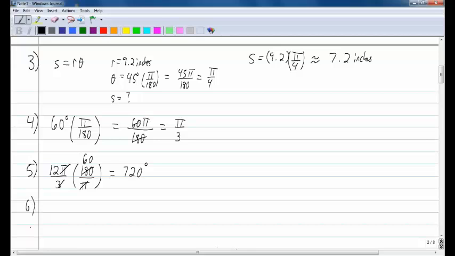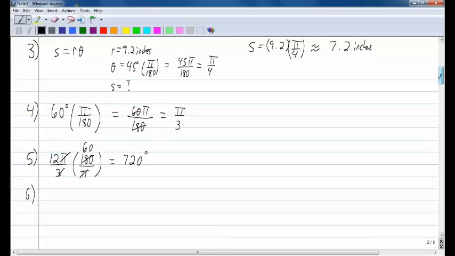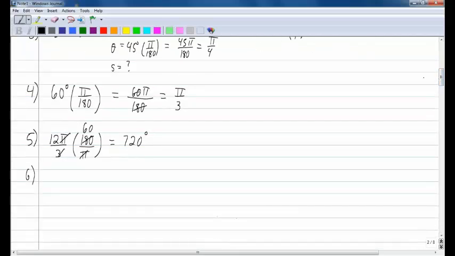Same directions for number 6. Convert the angle measure in radians to degrees. Nine pi over 10. So again, multiply by, I'm sorry, 180 over pi. Multiply by 180 over pi.